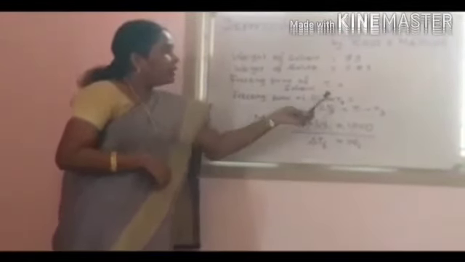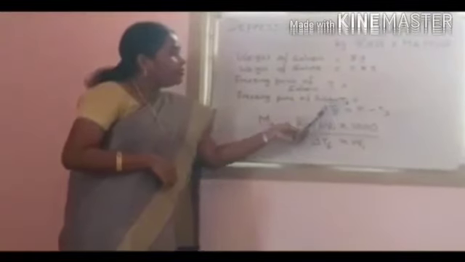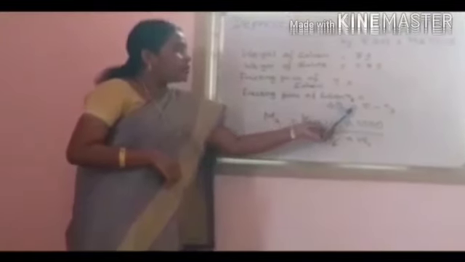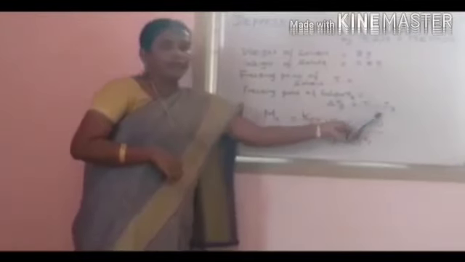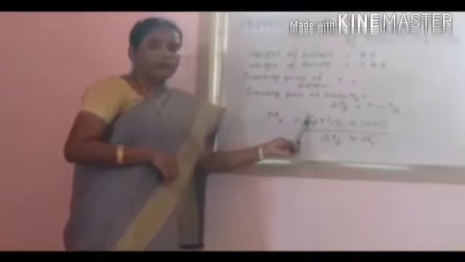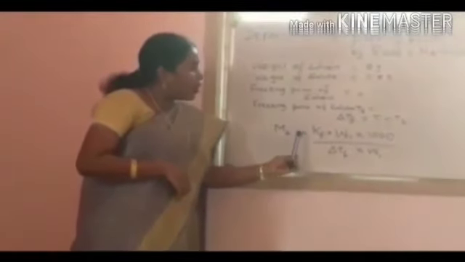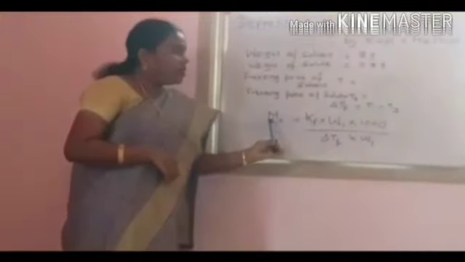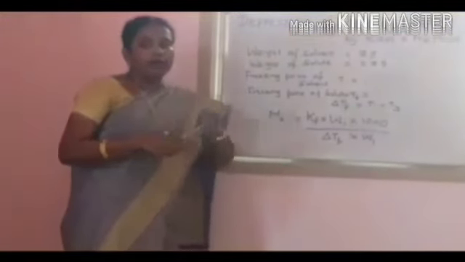By knowing T1 and T3, we can find delta Tf. Delta Tf is equal to T1 minus T3. We already found the Kf value. When we substitute all the values in this expression, we can find the molecular weight of the unknown solute.